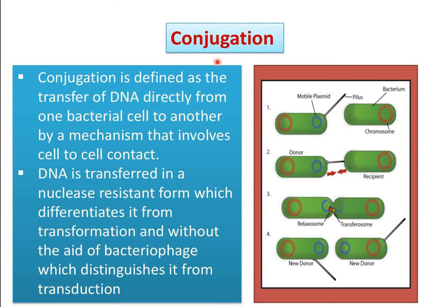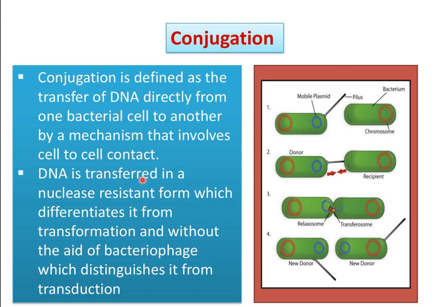Then talking about conjugation, the second type of gene transfer method. Conjugation is defined as a process where DNA is transferred directly from one bacterial cell to another by a mechanism which involves cell-to-cell contact. Here we can see two cells, a mobile plasmid and the pilus, and through this pilus DNA goes to the recipient.